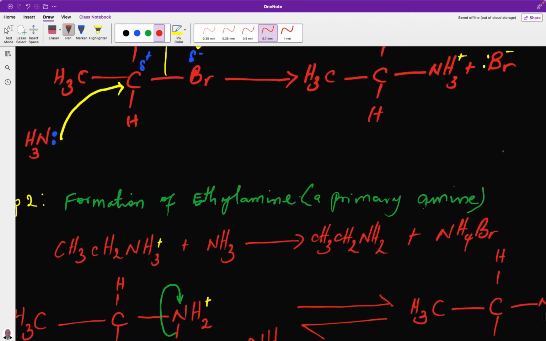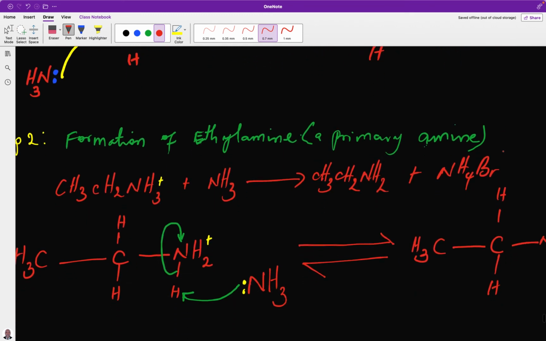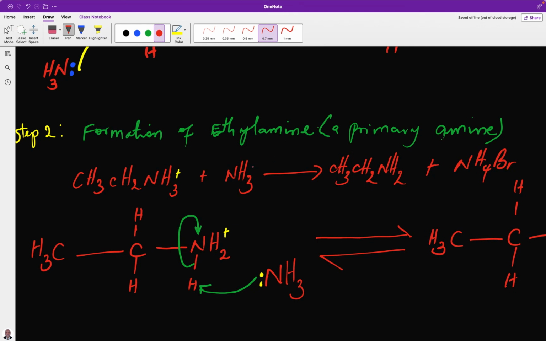Ammonia is in excess, so it keeps on attacking the positive center that was formed. As it attacks, electrons in one of the hydrogen bonds are repelled towards the nitrogen. This results in heterolytic fission: nitrogen takes all the electrons, and hydrogen leaves with no electron.